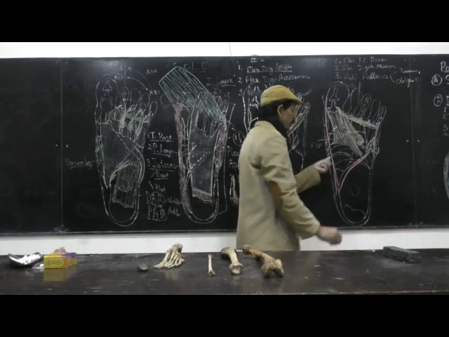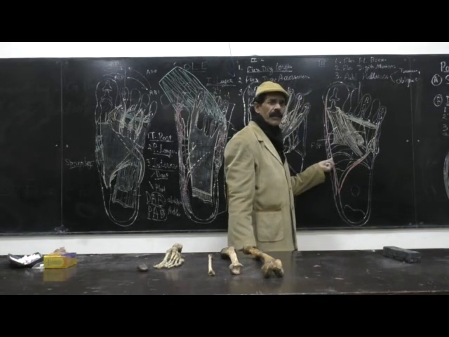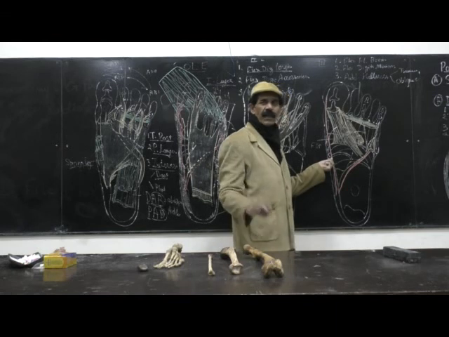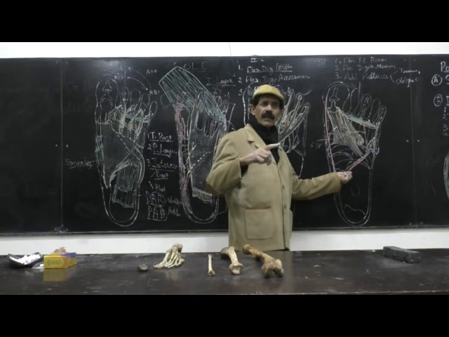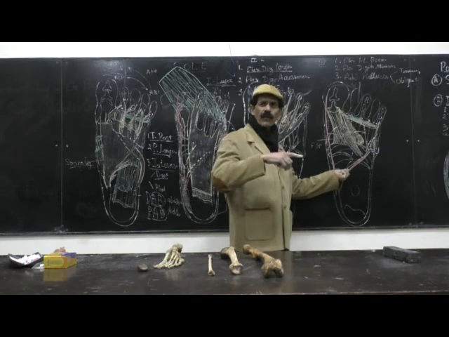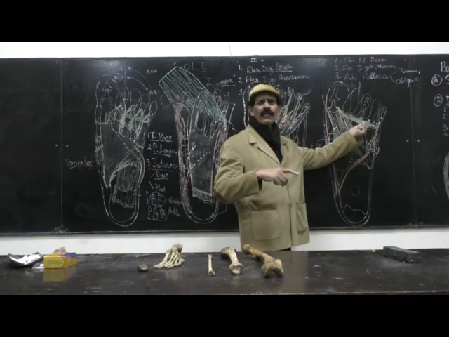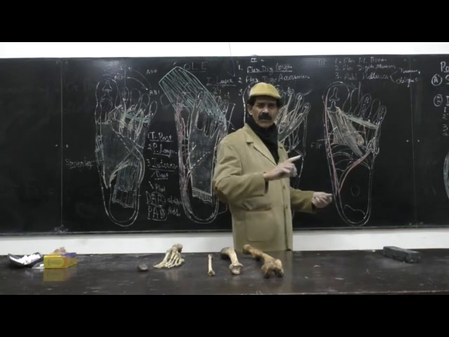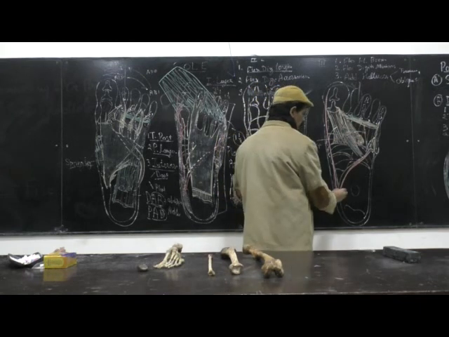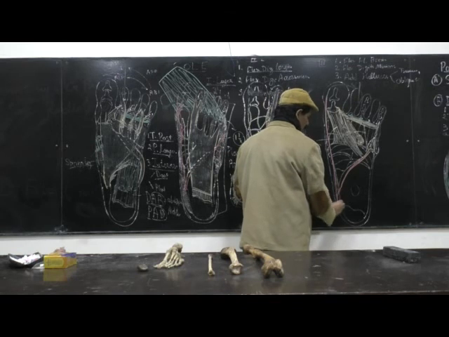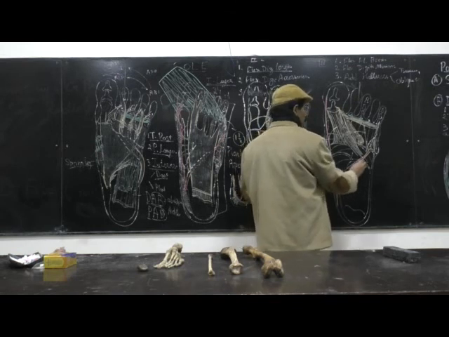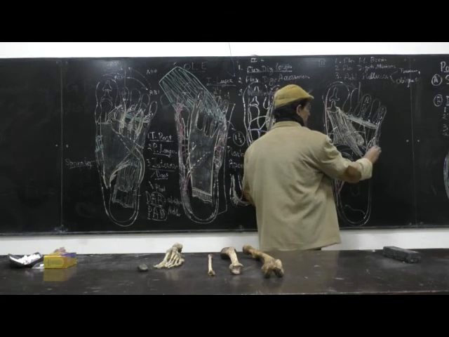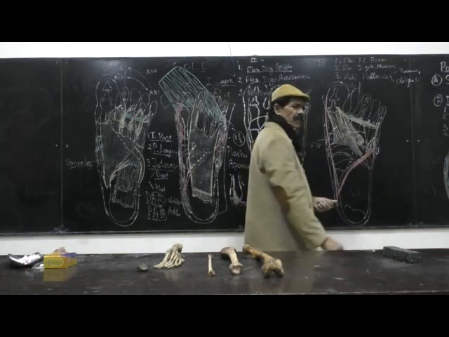Remember, the medial plantar artery is smaller, but the medial plantar nerve is bigger because it has to supply 3.5 toes. The lateral plantar artery is bigger, but the lateral plantar nerve is small because it only supplies 1.5 toes. Opposite. So the lateral plantar artery goes laterally, a branch of the posterior tibial. Along with the lateral plantar nerve, it reaches the base of the fifth metatarsal near the tuberosity.